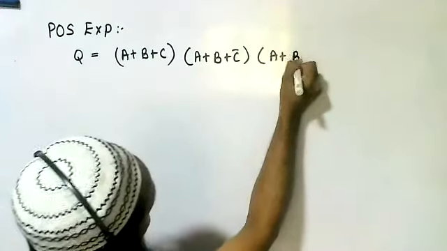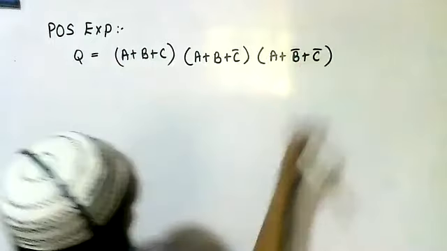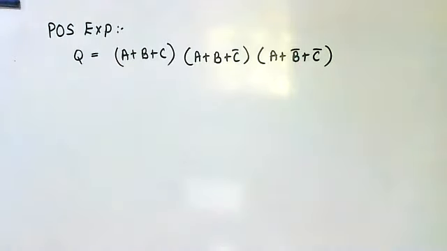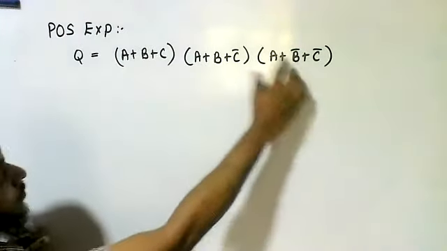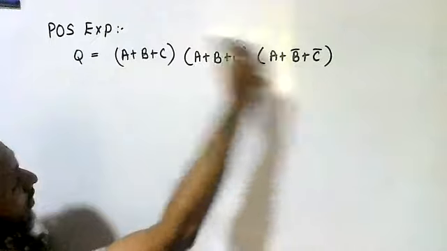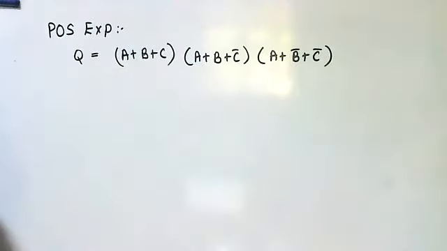This is the POS expression, that means the standard POS expression. In every max term, all the variables are there, so we call it the standard POS expression. We are going to simplify this by using Boolean algebra laws.